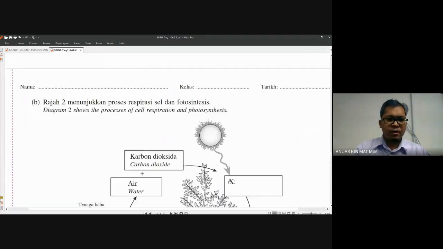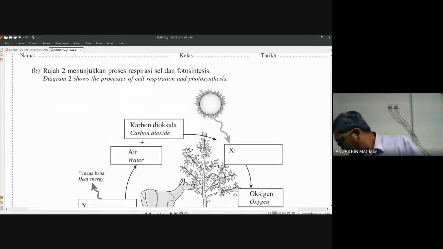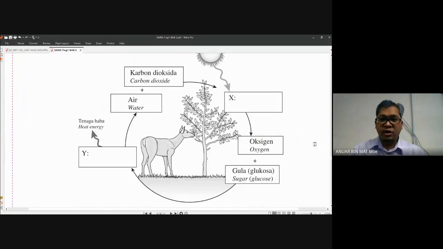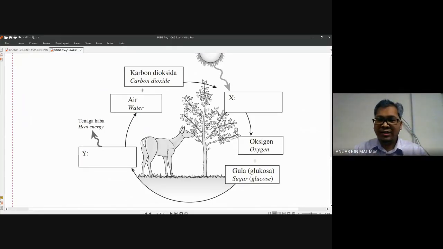Right? Okay. Next question. Question 2B, page 23. Diagram 2 shows the process of cell respiration and photosynthesis. Okay, it gives you the cycle. Make sure you understand the cycle in this diagram.